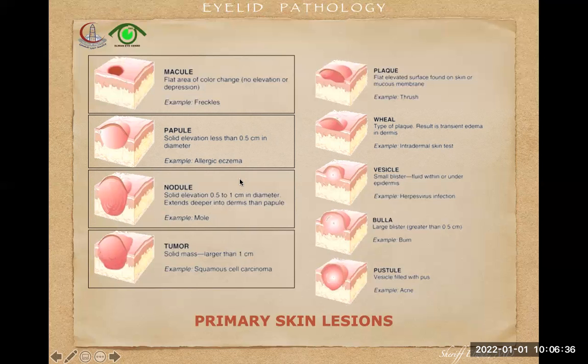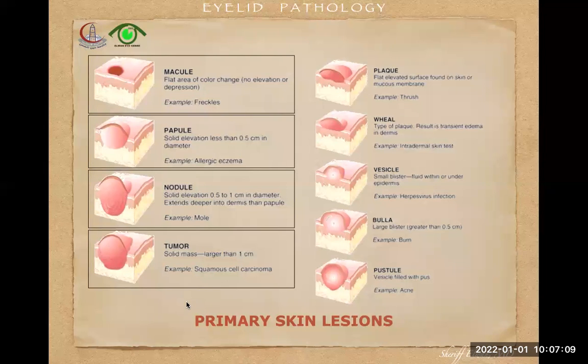A mole is the nevus or the benign melanoma. So a skin lesion might be a macule, no elevation; a papule, elevation of less than 0.5 centimeter; a nodule, elevation and deeper penetration into the dermis from 0.5 to 1 centimeter; and elevation more than 1 centimeter, and this is a tumor.